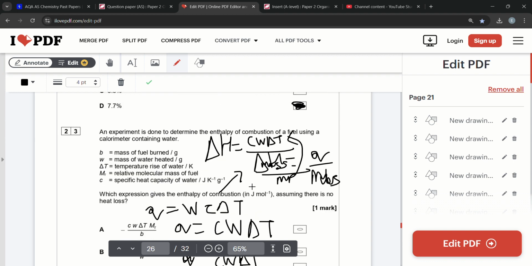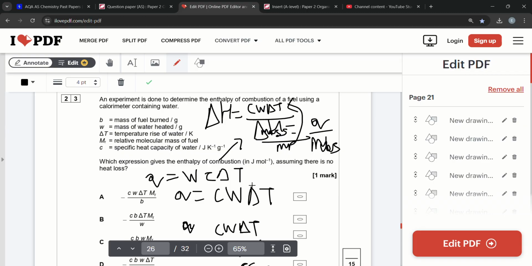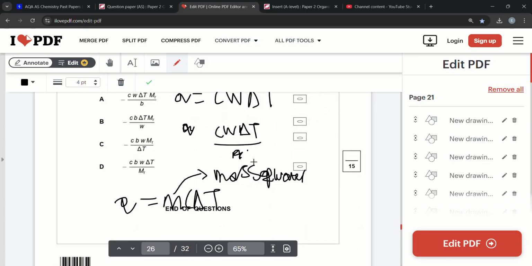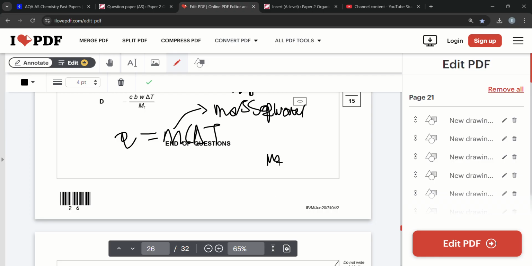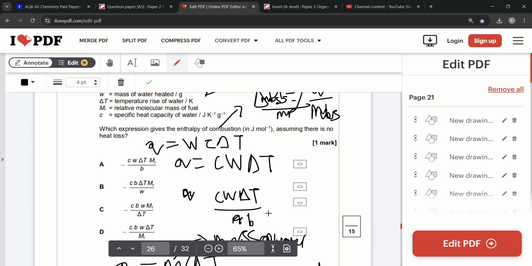No, it can't be. Mass, in this case, is B, because for the moles, it's mass over mR. In this case, the mass of the alcohol, the fuel burned. So it's going to be W, and mR is going to be on the top.